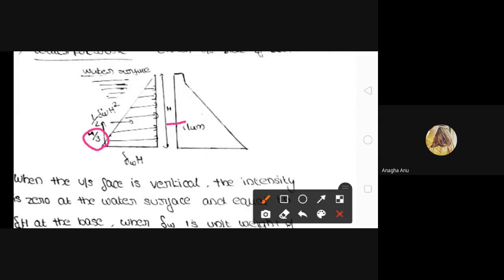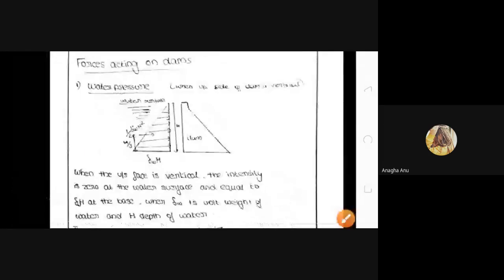And this force will act at a distance of H by 3 from the bottom of the dam. Okay, did you understand up to this? Do you have any doubts?